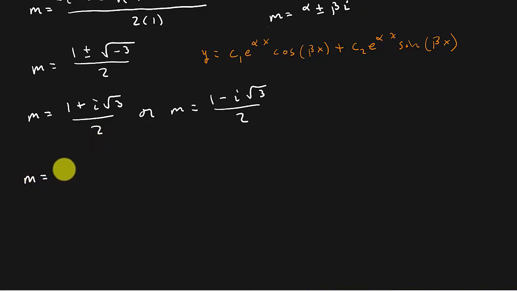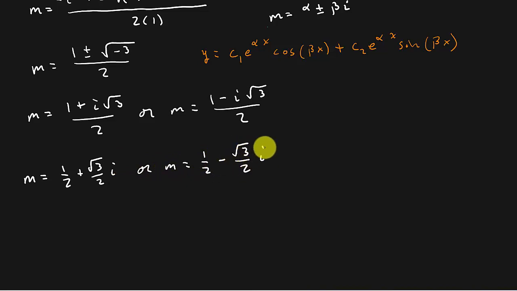Write m equals 1/2 plus square root of 3 over 2 times i, or m equals 1/2 minus square root of 3 over 2 i.